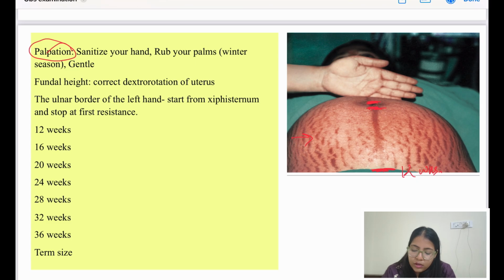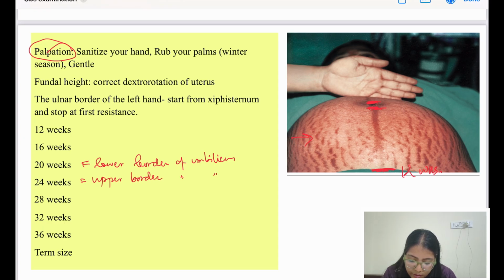The lower border of umbilicus is 20 weeks, and the upper border of umbilicus is 24 weeks. So between the lower border of umbilicus and pubic symphysis, we divide it into two halves, and after 12 weeks it comes to 16 weeks, and then 20 weeks, and then 24 weeks.